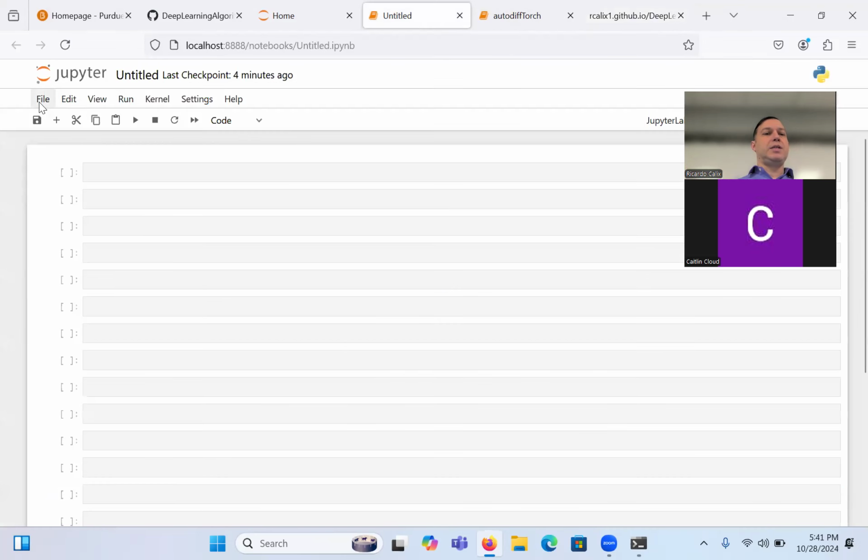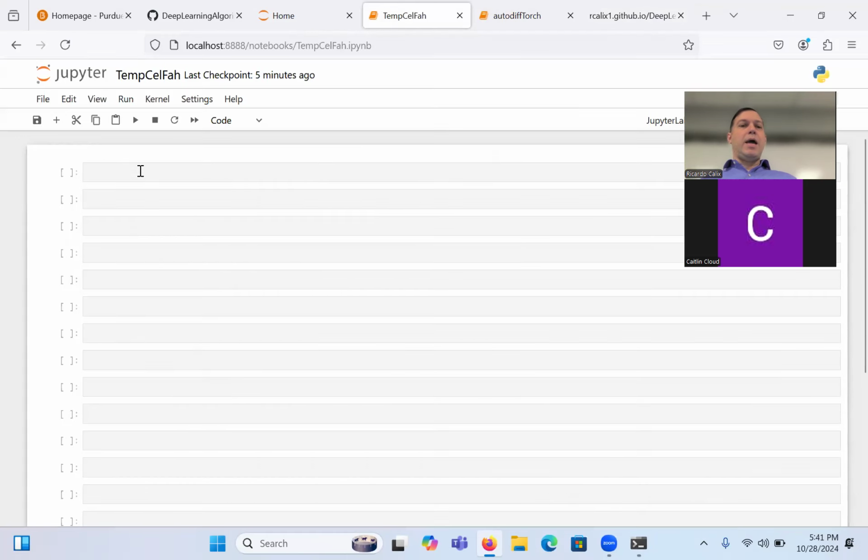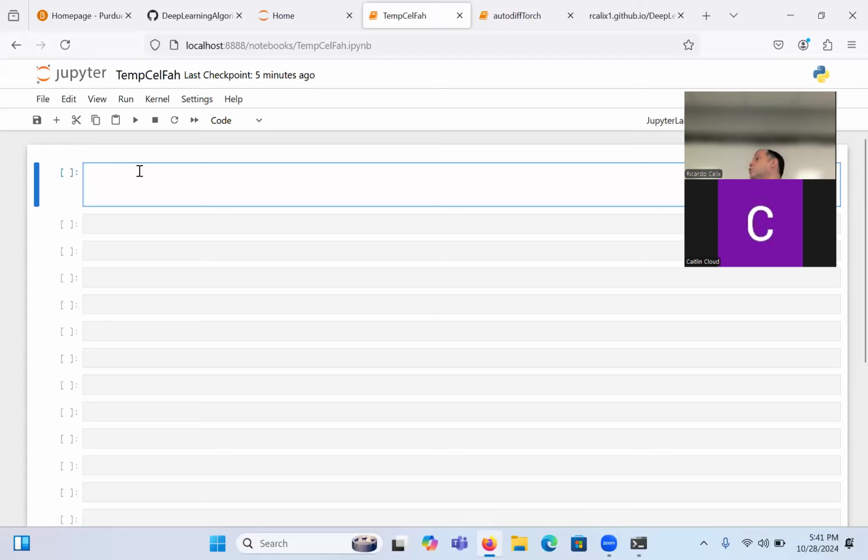I've created this new example here. I'm going to rename it: temp Celsius to Fahrenheit. We're basically going to train this model, but from scratch.